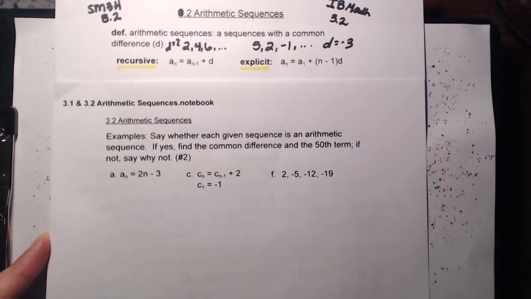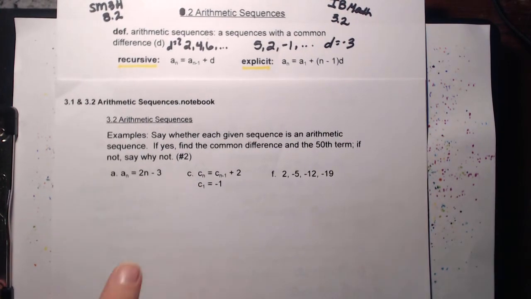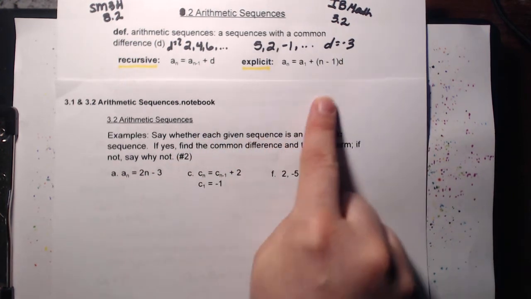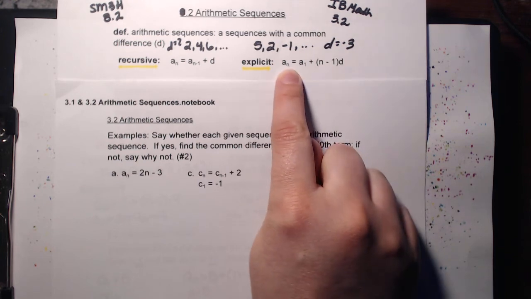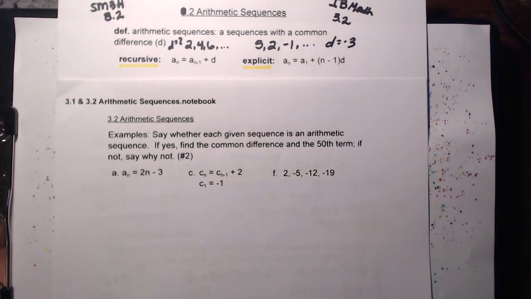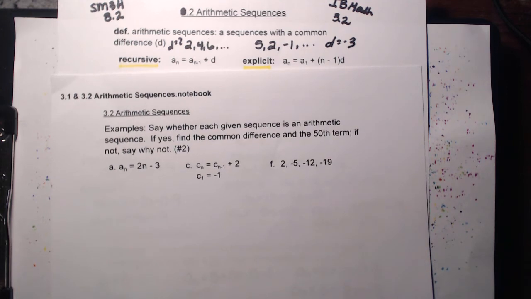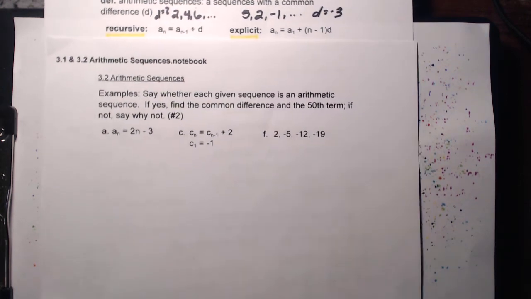So these were our formulas, recursive and explicit. This is not dependent on a previous term, so this would be an explicit formula. One thing that I want to note is, yes, this is an arithmetic sequence. To find the difference, we're going to have to do a lot of algebra.